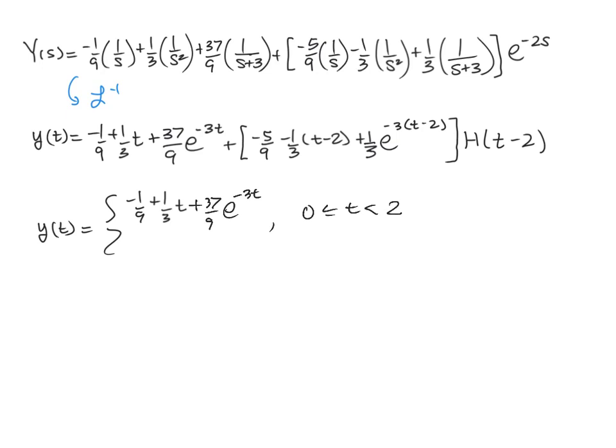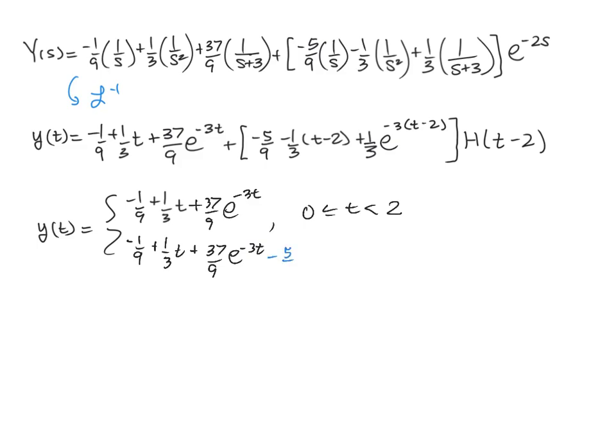And now for the second piece of this, we're still going to have this entire first 3 terms part of our solution because they are still going to be in play. But now because the Heaviside value takes on a 1, we're going to also have these 3 terms as well.